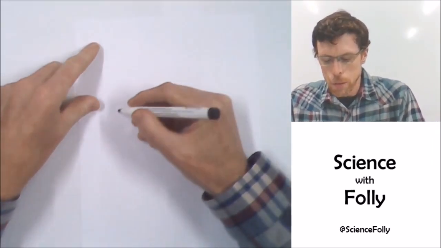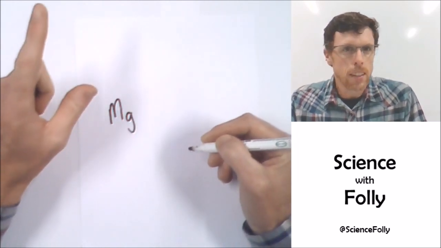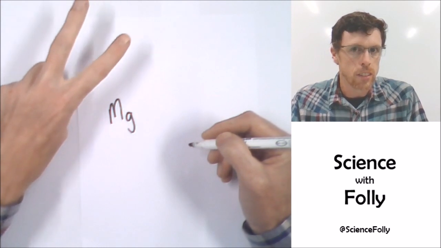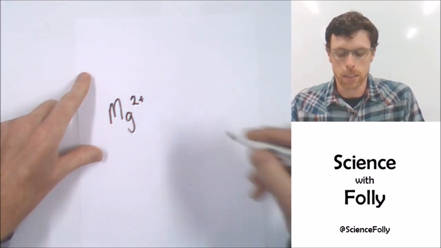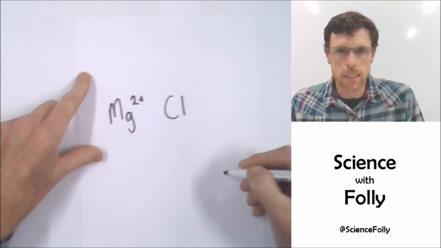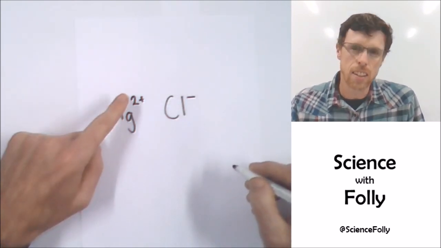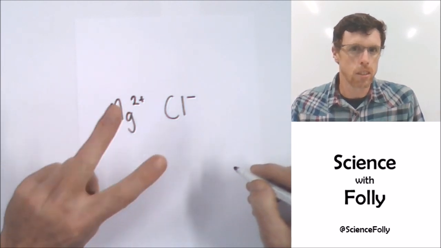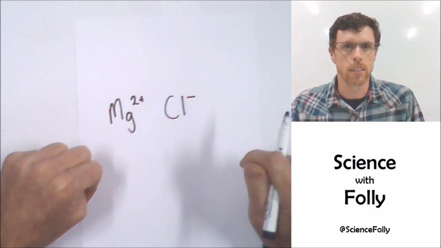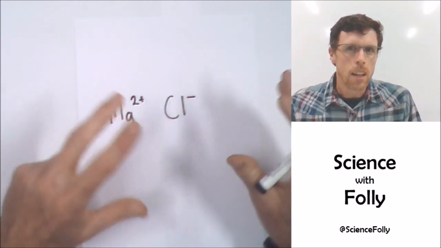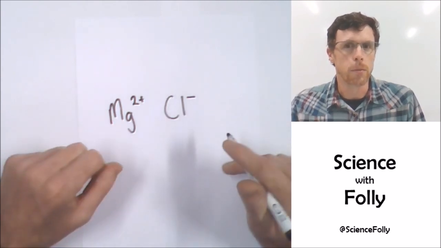Now, what's going to happen when we get a group 2 element like magnesium? Well, magnesium loses 2 electrons, and therefore it has a charge of 2+ when it becomes an ion. If it gets together with chloride, which only has a charge of 1-, you can see that magnesium has got 2 positive charges, but chloride has only got 1 negative charge. So therefore, even though their charges are opposite, they're not equal.